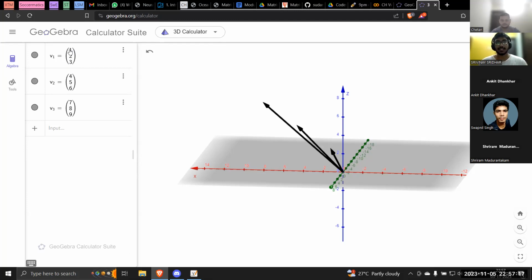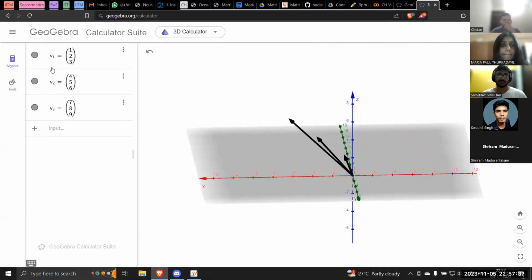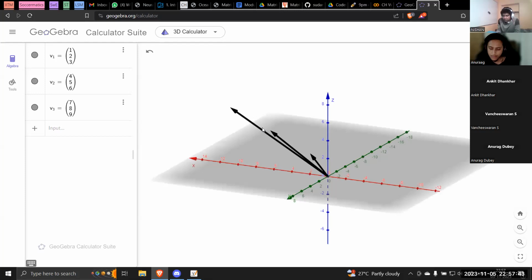Can V2 be expressed as some alpha times V1? It cannot. It's not a multiple. No matter what two vectors I take, I think it's easier, clearly seen on the plane rather than trying to do the mathematical thing, trying to show that they cannot be expressed. So I can see that no two vectors are lying on top of each other.